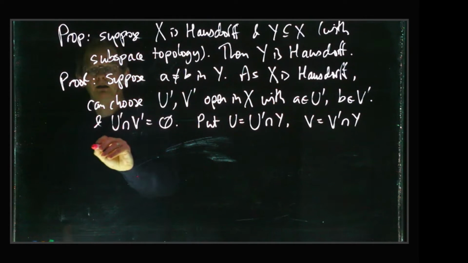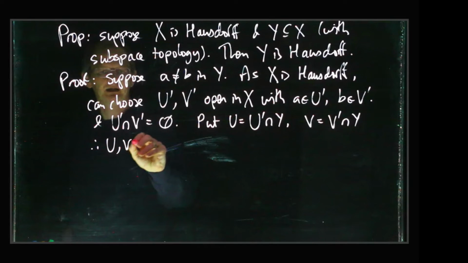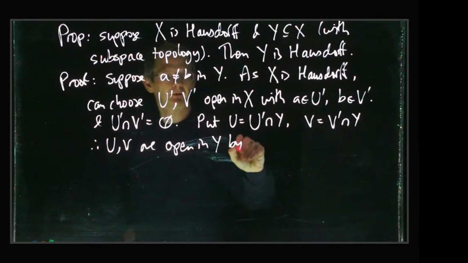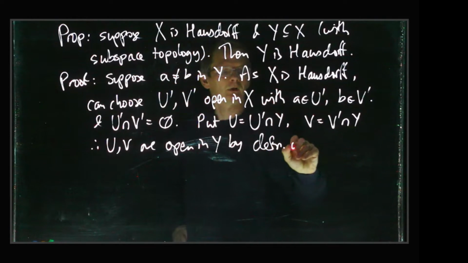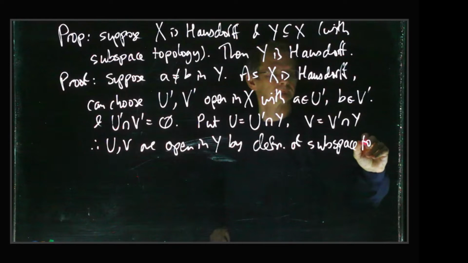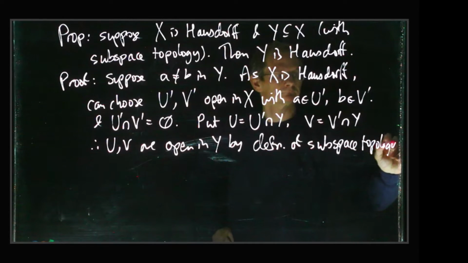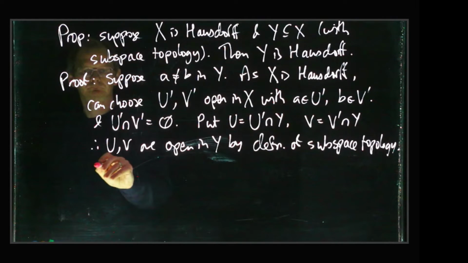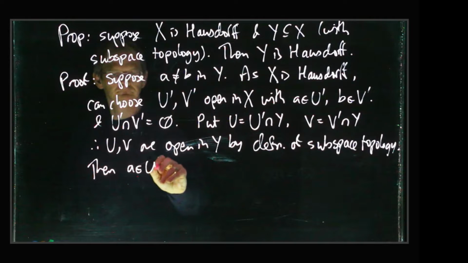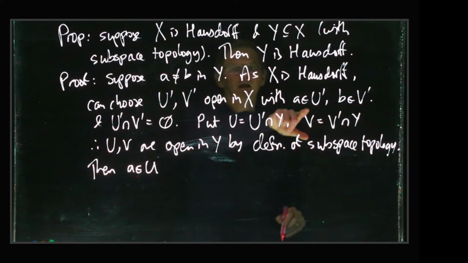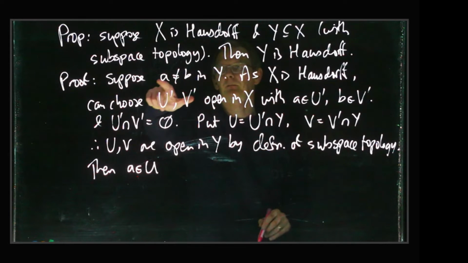So U and V are open in Y, just by the definition of the subspace topology. Then A is in U prime by assumption, and A is also in Y, that was our original assumption.